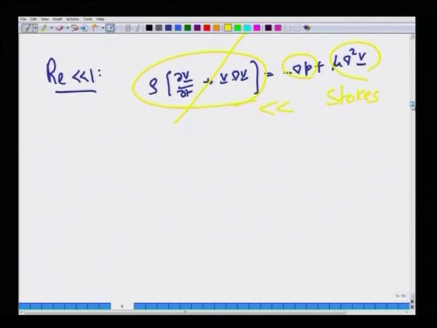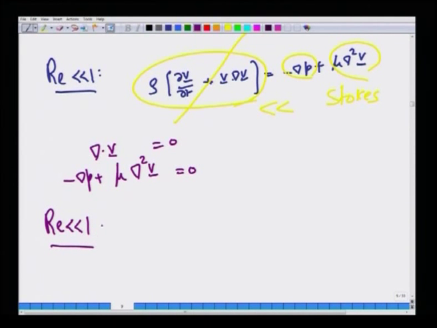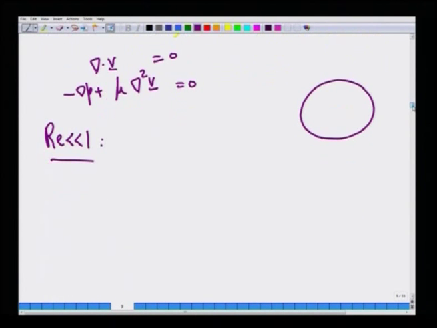That is, you just set the balance between viscous and pressure forces in the flow. So, you get minus del p plus mu del squared v is 0, subject to, of course, the mass conservation equation, pointwise mass conservation equation. So, when the Reynolds number is very, very small, these equations can be solved to find what is the force on a sphere.